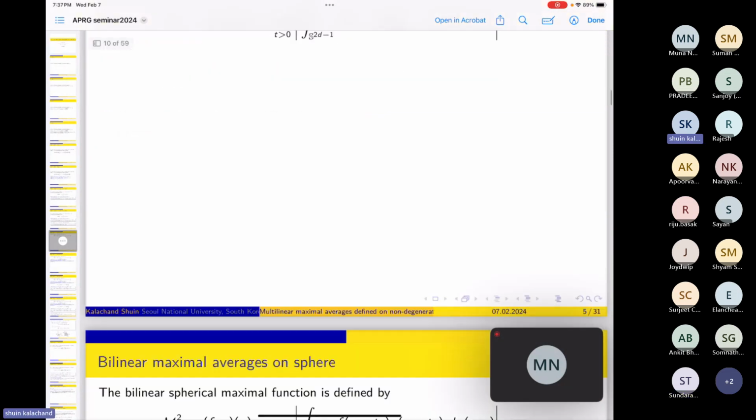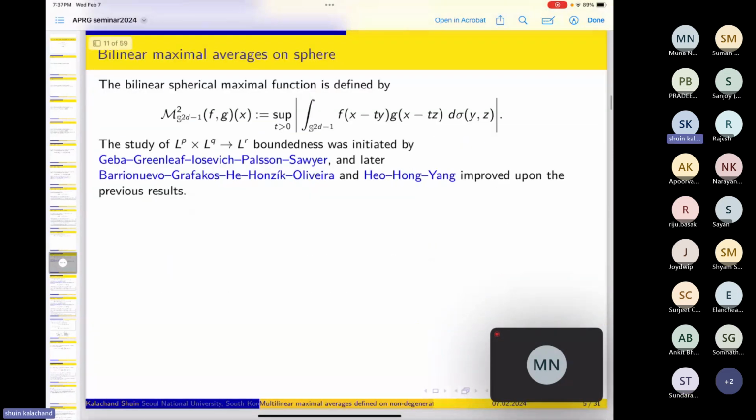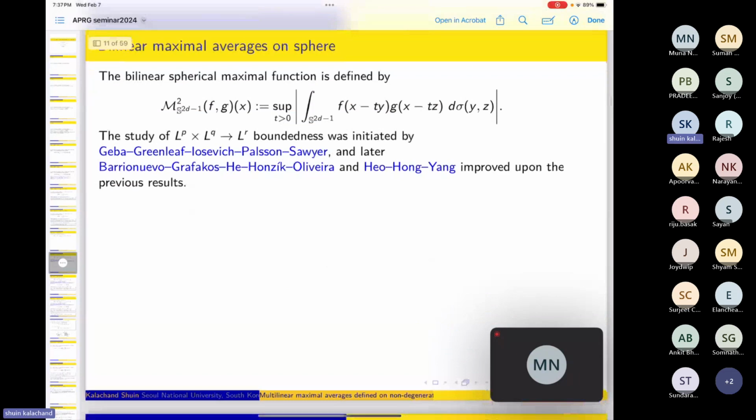The study of the bilinear spherical maximal function was initiated in the paper of Geba, Greenleaf, Iosevich, Palsson, and Sawyer, and later Barrionuevo, Grafakos, He, Honzík, and Oliveira. They studied boundedness, and then Heo, Hong, and Yang improved the previous results. However, the optimal result was not there for the bilinear spherical maximal function.